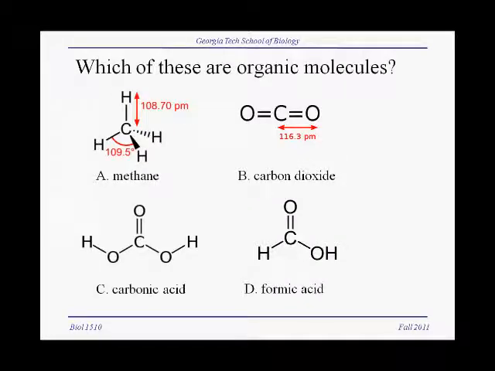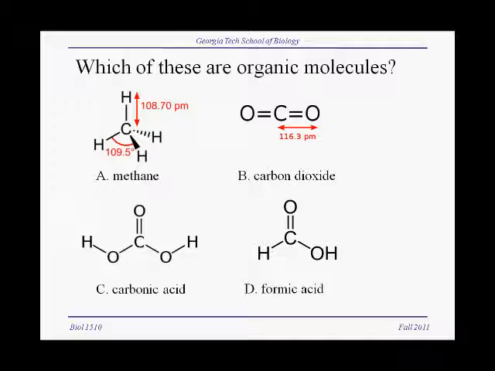Molecule A, methane, has carbon and hydrogen, so this is an organic molecule. Molecule B, carbon dioxide. Well, it's got carbon and it's got oxygen, two of the elements in organic molecules. However, this is not an organic molecule. Most people consider carbon dioxide inorganic.